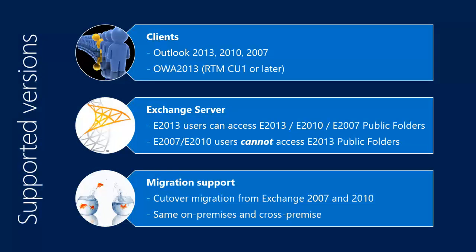Regarding Exchange, Exchange 2013 users can access legacy public folders, but not the other way around. So Exchange 2007 or 2010 users cannot access modern public folders, and that's important for you when planning to move to modern public folders. You first need to move all your users to Exchange 2013, before migrating the public folders.